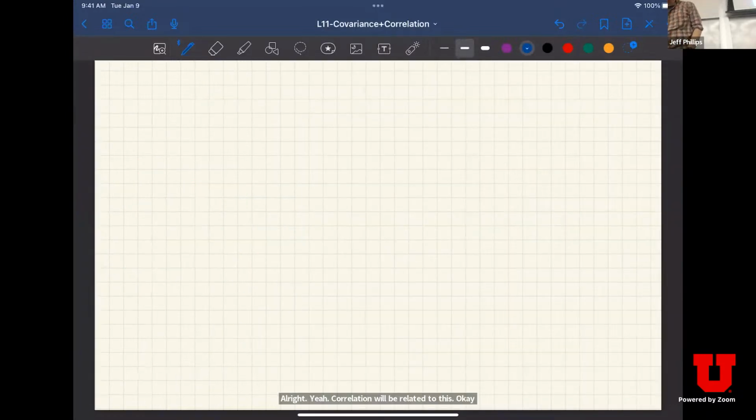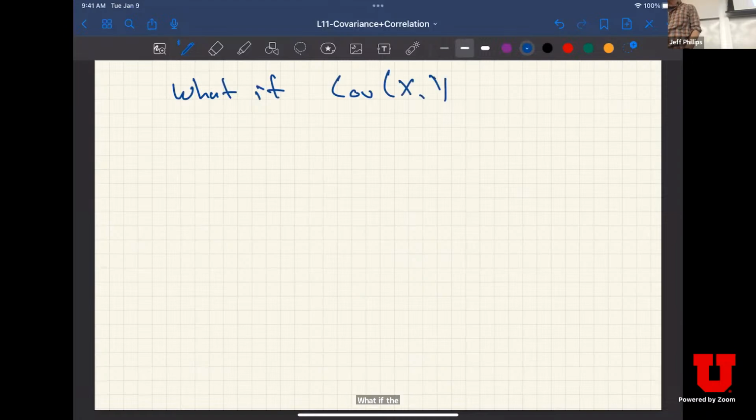Okay, so what if the covariance between x and y is less than 0? Is that possible? What do you think it would mean if it was less than 0?